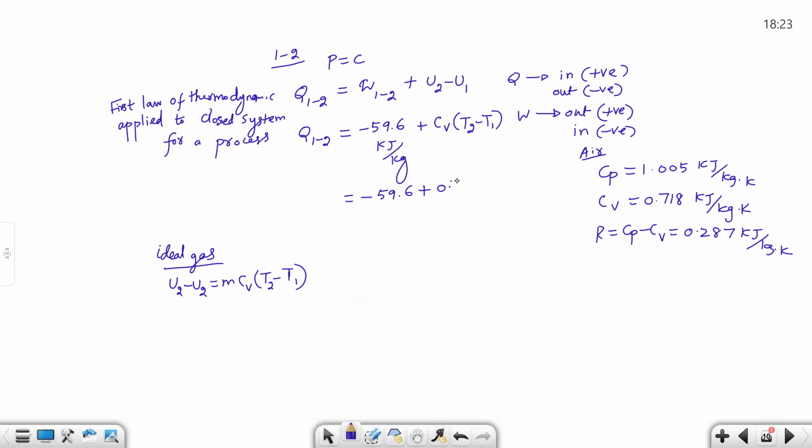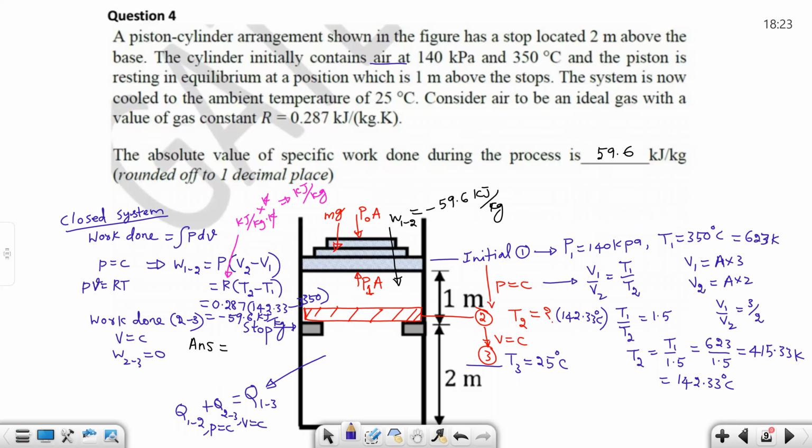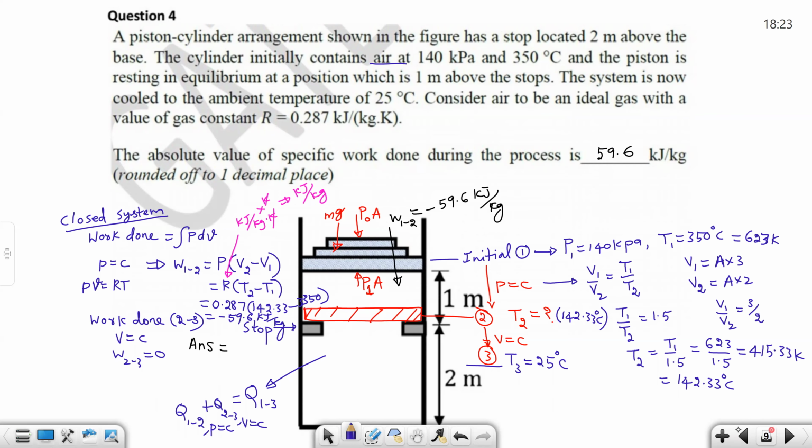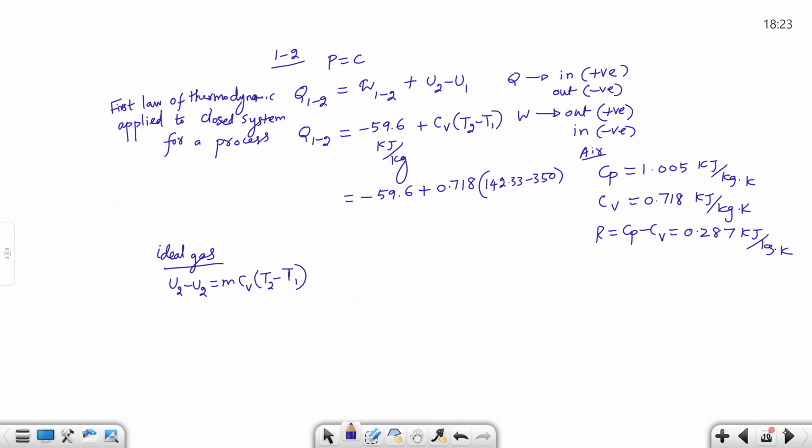CV is 0.718. T2 is the temperature. Since it is a temperature difference, you can substitute in degree centigrade. T2 is 142.33 minus 350, which is your T1. Let's see how much we are getting.